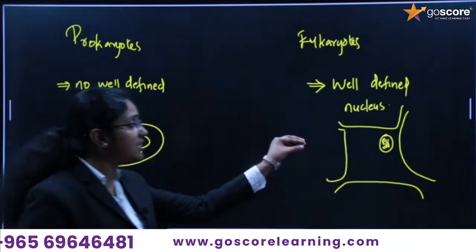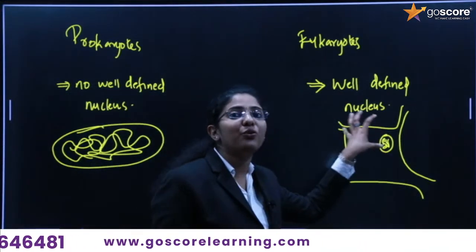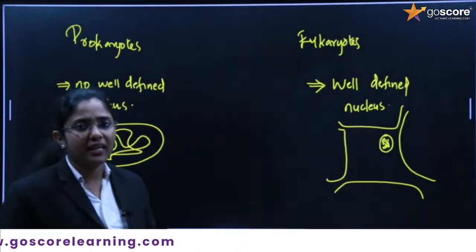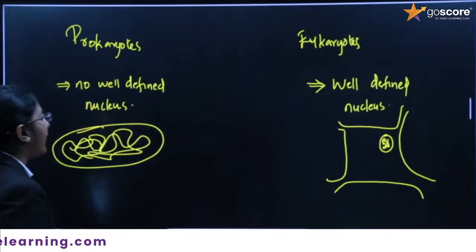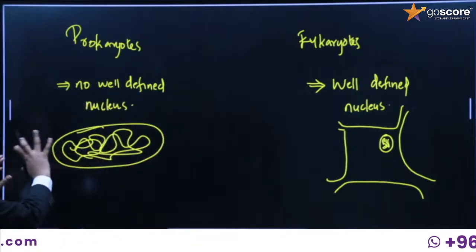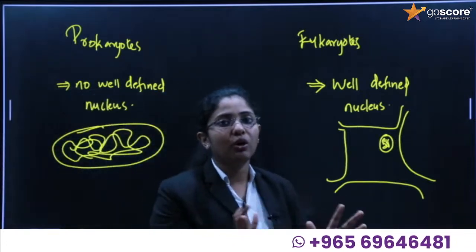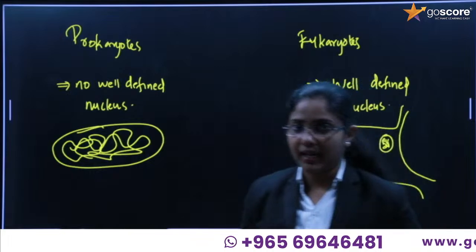So there is a specific structure called nucleus for the genetic material. But in prokaryotes, there is no particular cell organelle.